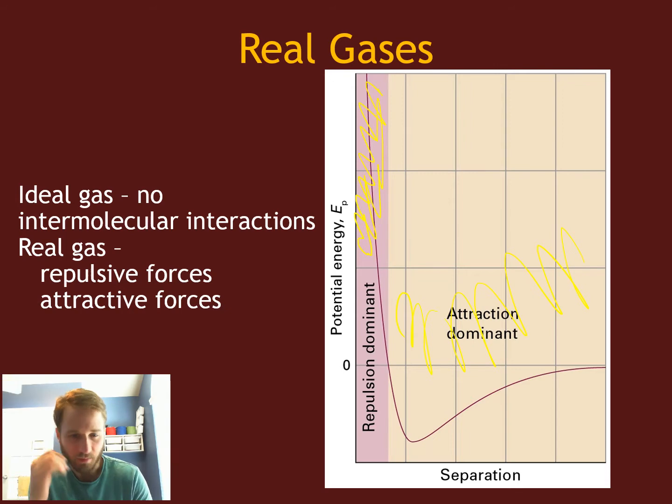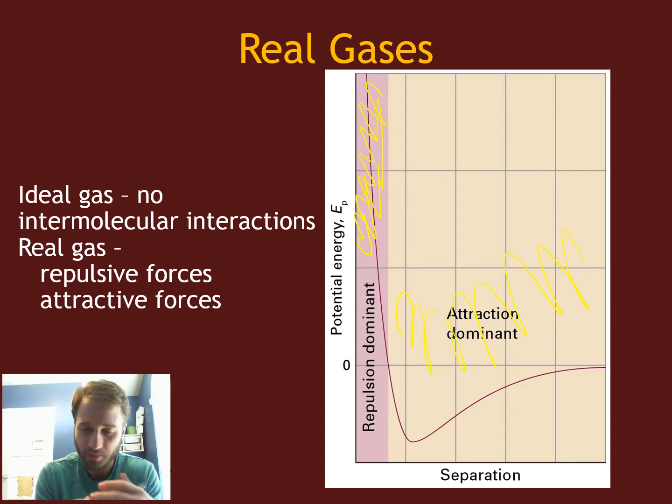Whether those intermolecular interactions are more attractive or more repulsive between the molecules can greatly dictate how the gas deviates from an ideal gas.